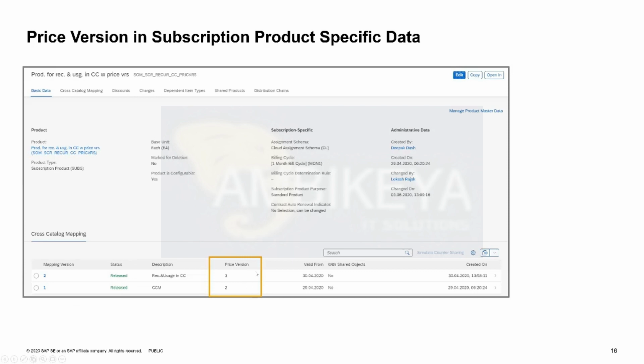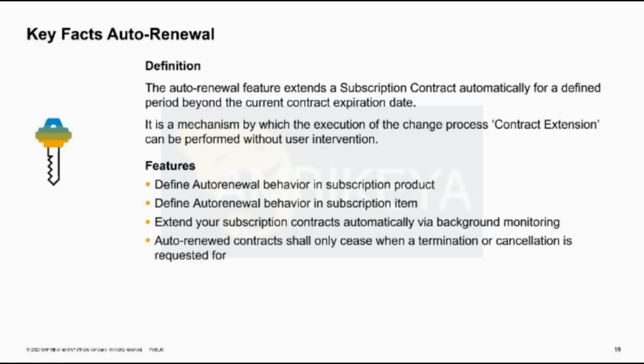Then let's jump to the next topic. Now we can leave pricing a little bit and go to the auto-renewal or auto-extension process.